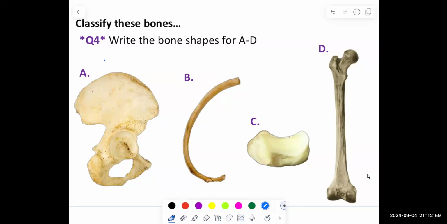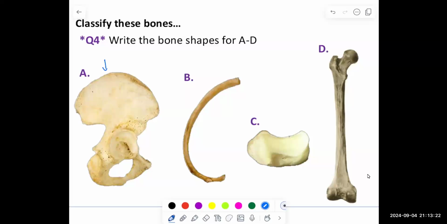What bone is this one? What is its name? No, the name of the bone. The actual name of the bone. Technically, yes. Pubis?